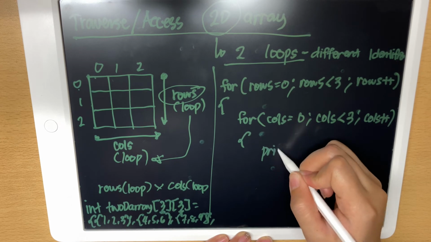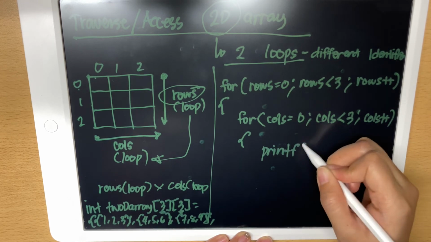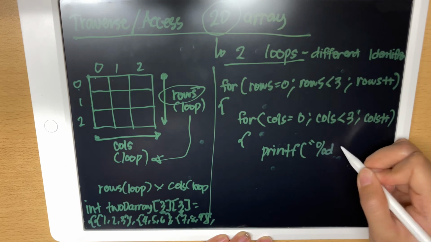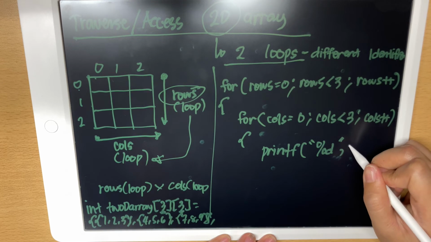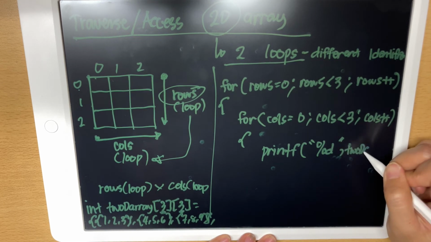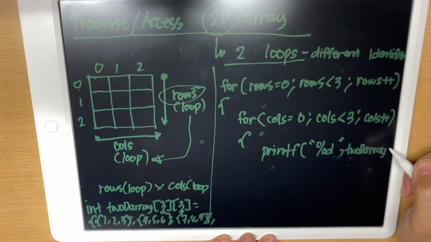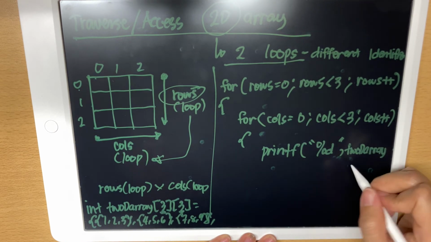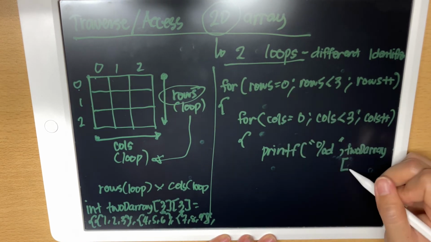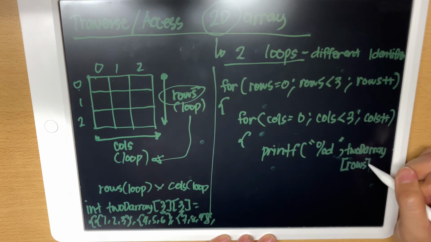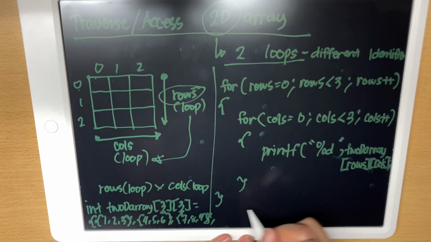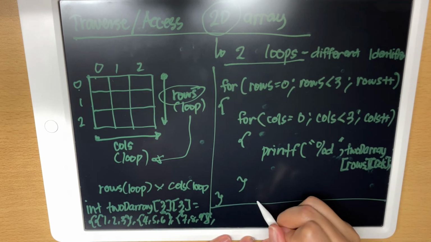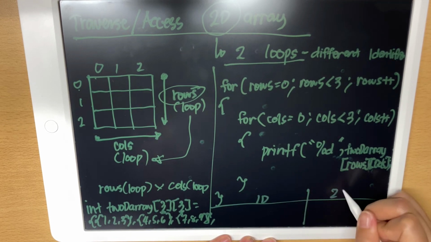Then you can display the value of 2D array, which is at index rows and index columns. So the difference between this is for 1 dimension and 2D array.